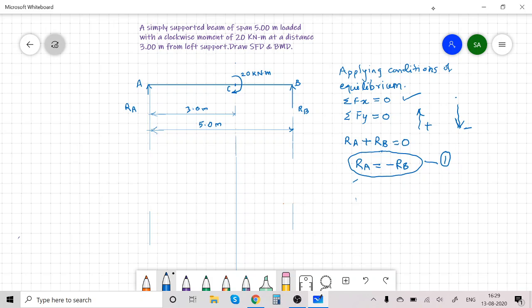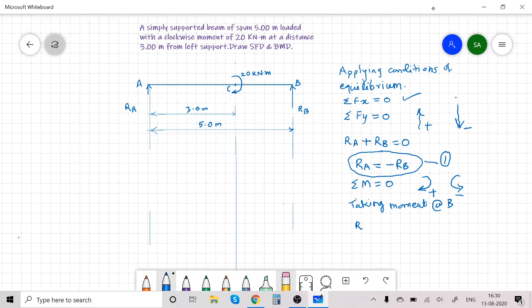Now applying the third condition of equilibrium, sigma M is equal to 0. For that, I will consider all clockwise moment positive, all anti-clockwise moment negative. Now taking moment about say B, remember all clockwise moment positive, all anti-clockwise moment negative.